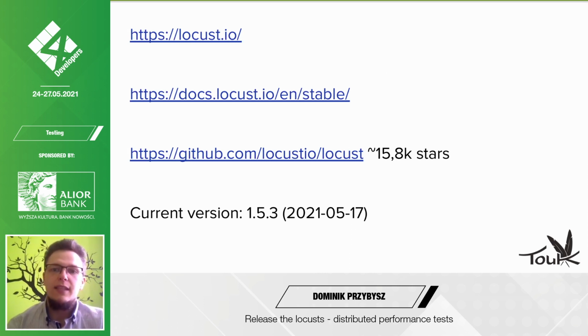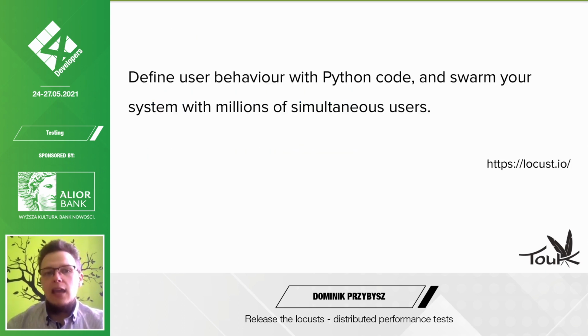The project isn't stale, and the main aim of the whole project is to define user behavior using Python code, and with such users, create a lot of them and swarm our tested system.